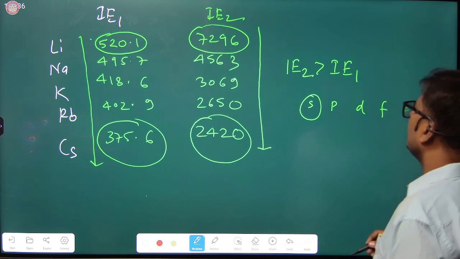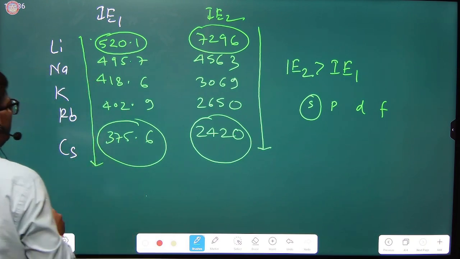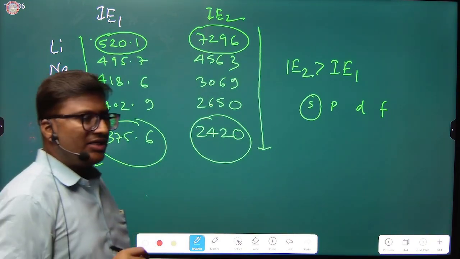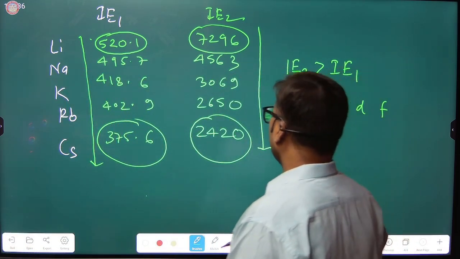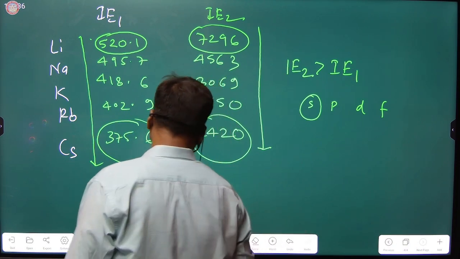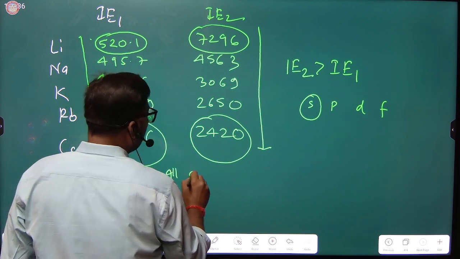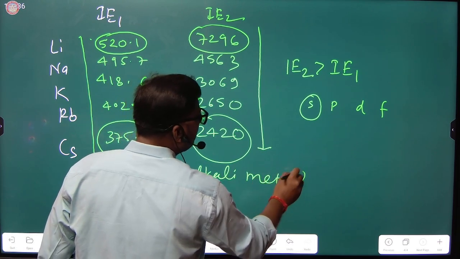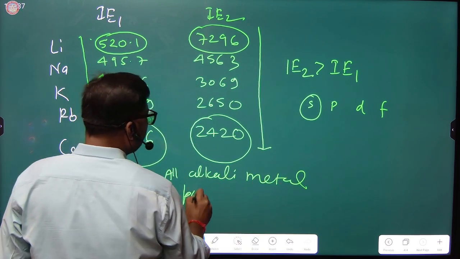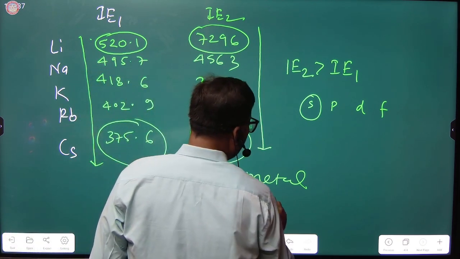For the alkali metals, because of their larger size in the periodic table, all alkali metals possess the lowest ionization energy in the periodic table.